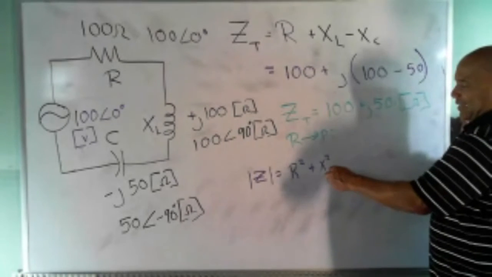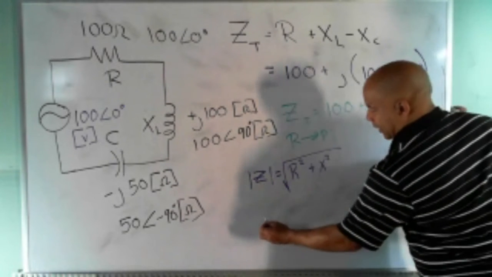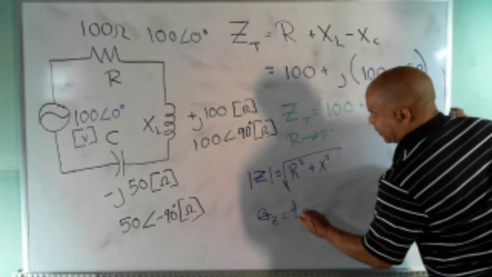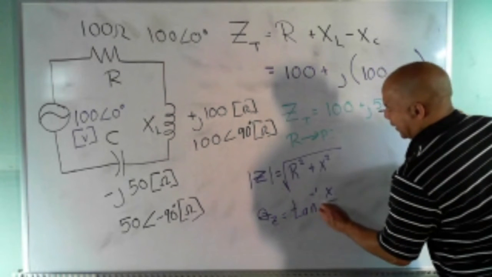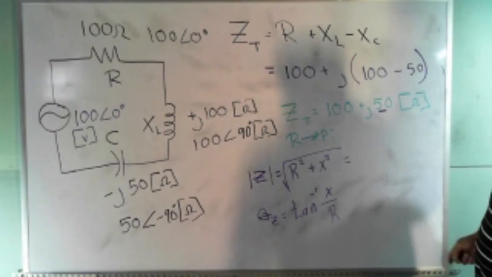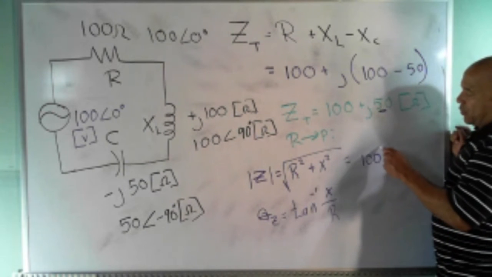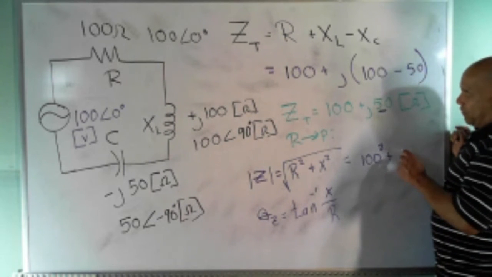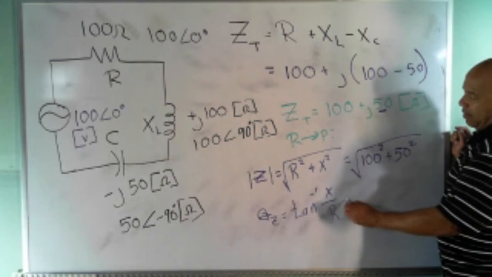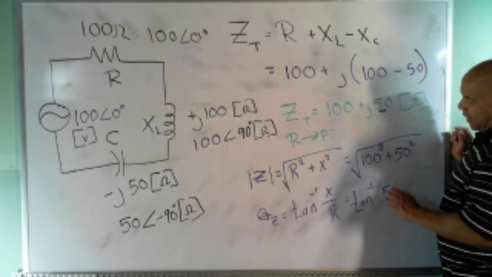That's this X net, this value right here. And then my theta Z is going to be the inverse tangent of X over R. By now you should probably know this formula. We've talked about it so many times. So I have 100 squared plus 50 squared, square rooted. And then down here, I have the inverse tangent of 1/2, 50 over 100.